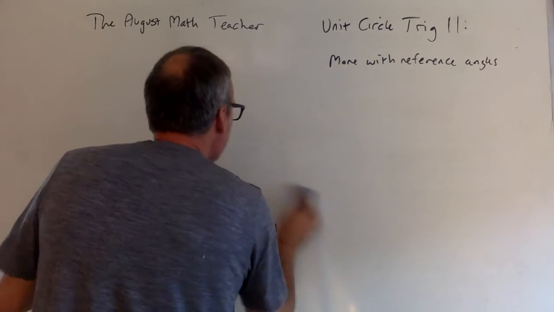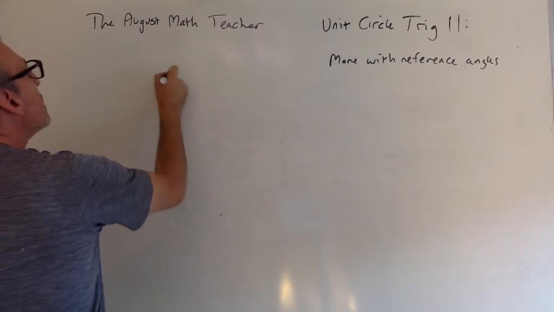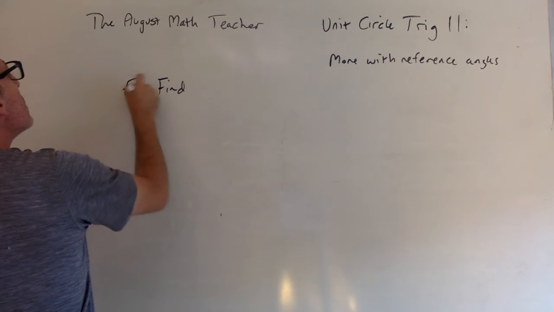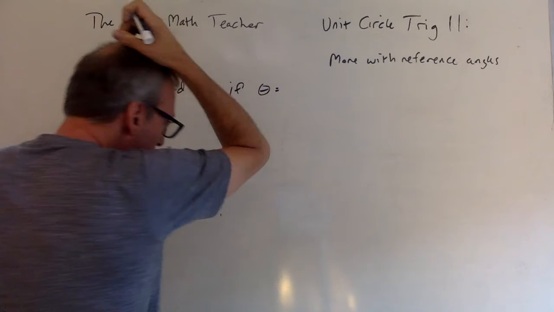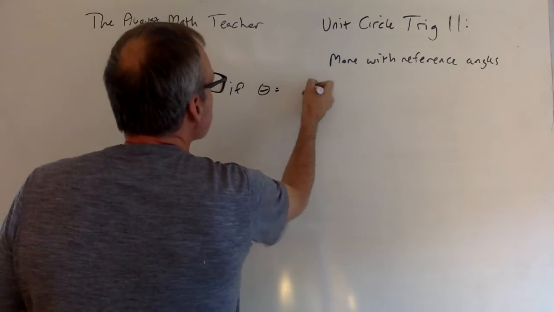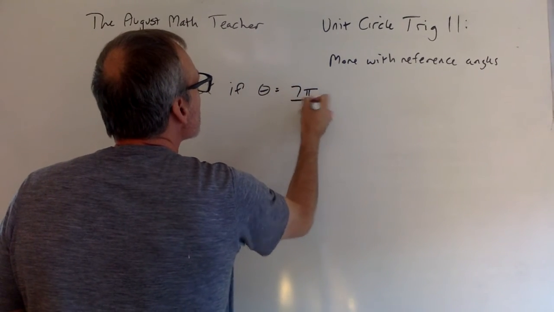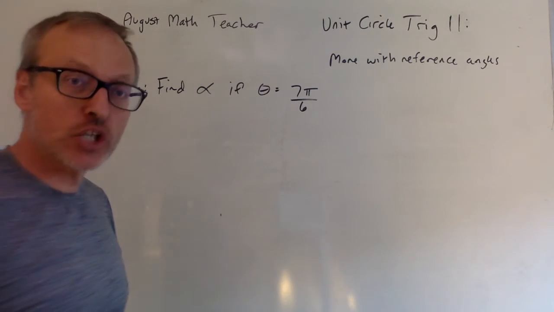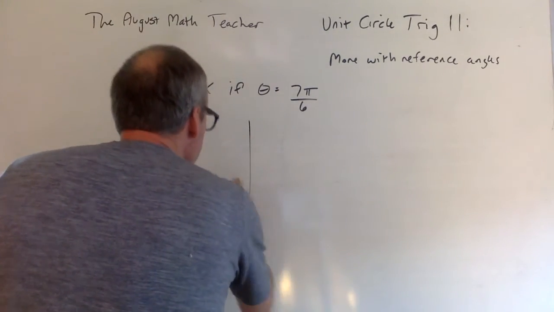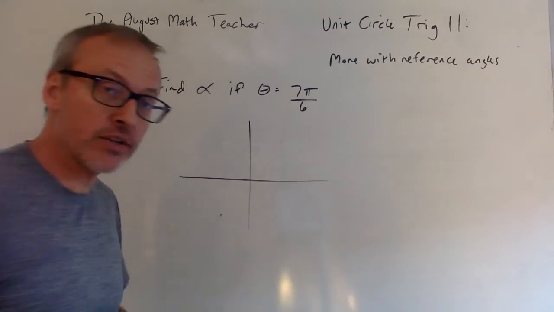So let's say that we want to find alpha as a second example, if theta is equal to, I don't know, let's say it's 7 pi over 6. 7 pi over 6. Draw it. Notice the first step is not change it into degrees.